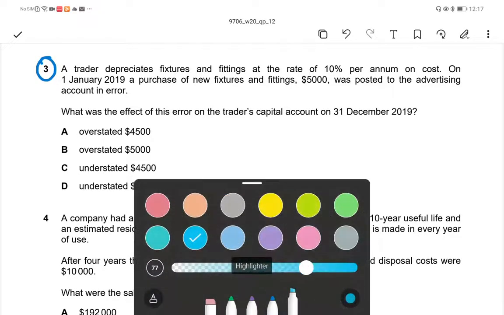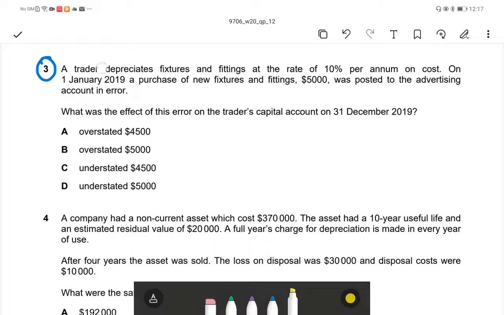A trader depreciates fixtures and fittings at the rate of 10% on cost, meaning the straight line method. On 1st January 2019, there was a purchase of new fixtures and fittings.